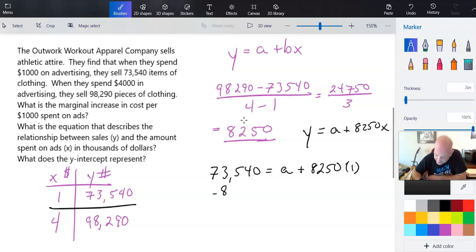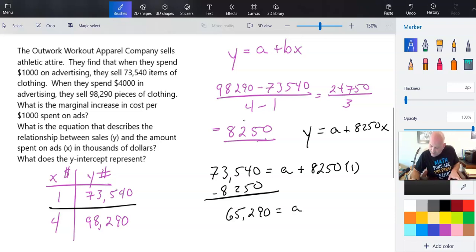So if I subtract 8,250, we have 73,540 minus 8,250. Did I plug that in? Yeah. So that gives me 65,290 as A. And I could have sworn I switched that color back and I didn't notice it. Oh well. So that's our value of A.